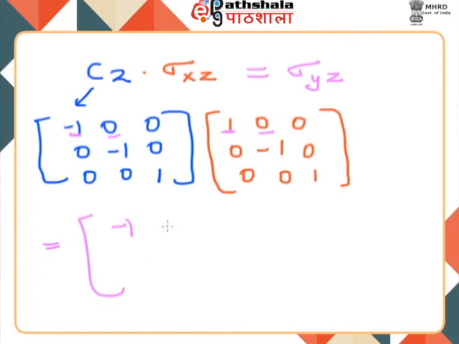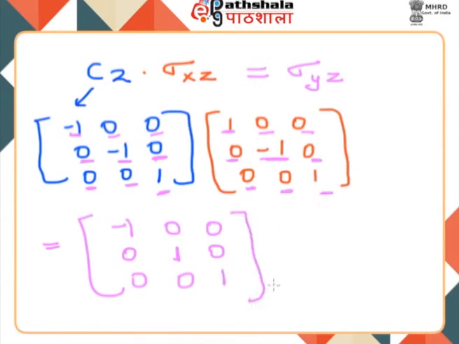And now when we multiply them, what we get is minus 1 into 1 will be minus 1, 0 into 0 will be 0, 0 into 0 is 0 again here. This gives us 0. Minus 1 into minus 1 is 1. 0 into 0 is 0. Here again we get 0. Similarly here, and 1 into 1 is 1.